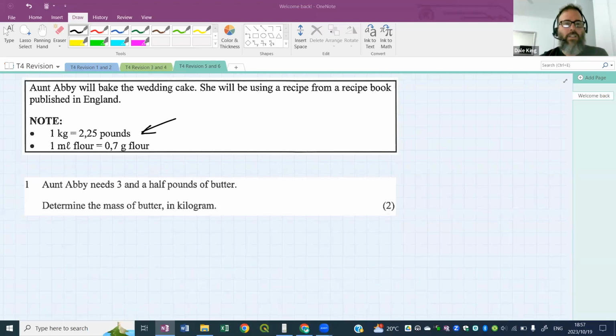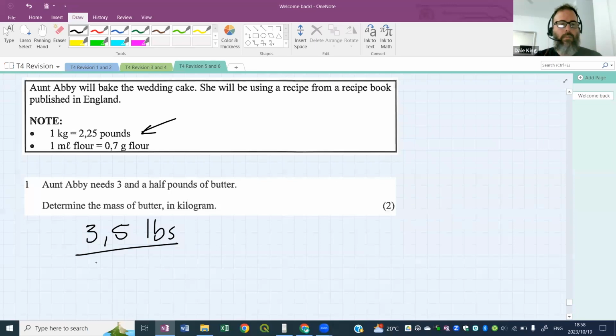All right, let's check. This is how I would do it, right? So 3.5 pounds looks like this, 3.5 lbs. All right, these are the units, okay? We know that every 2.25 out of that 3.5 is 1 kilogram. So how many 2.25s do I have? I want to cut this 3.5 up into 2.25 pieces because I know that every 2.25 is 1 kg. So if you want to cut it up, you must divide.